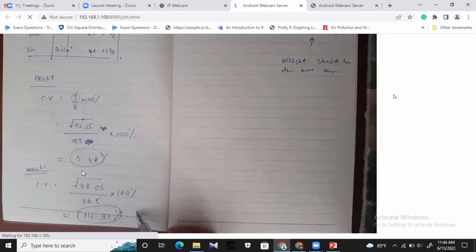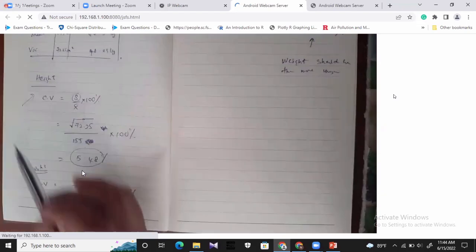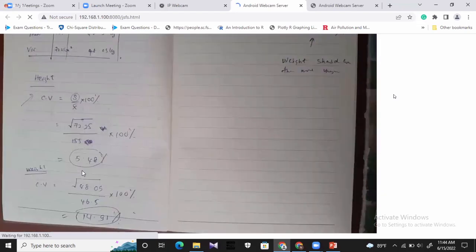But we need to find the most consistent variable now. In that case, we need to pick the height. Why? We need to select the most consistent one. Consistent means the variability must be a less value, not a higher value.